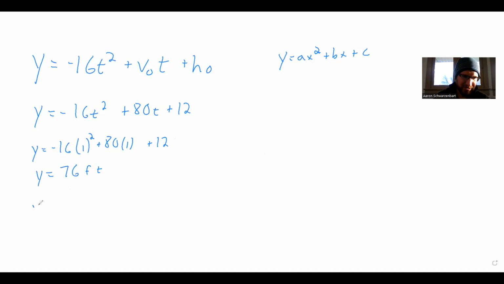If I want 2 seconds, I plug in 2. 2 squared is 4 times 16 is negative 64 plus 80 times 2 is 160 plus 12 is 108.